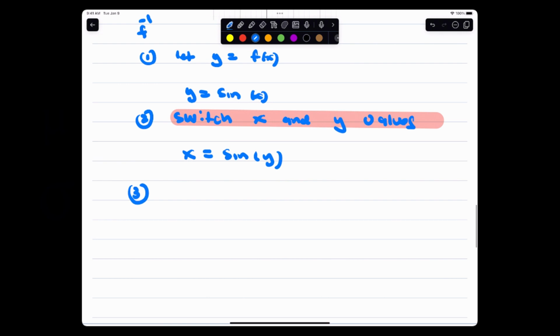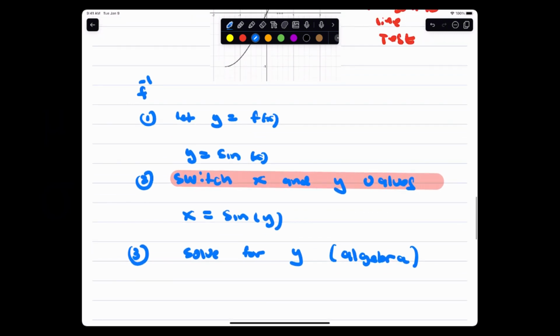Step 3, you say, what's the step 3? Solve for y. And it's solve for y really using algebra. And that's the procedure so far for finding your inverse function.